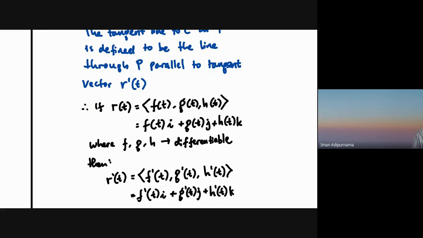And I don't think I need to write the proof because it's just writing the same limit as before, but in each component, meaning for all the f, g, h, the increasing gap becomes delta t instead of h.